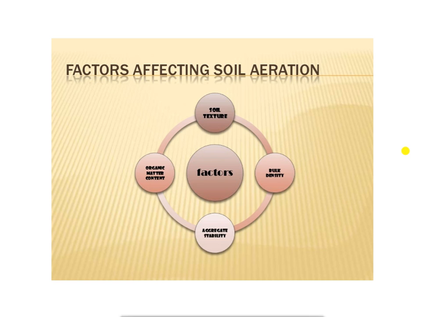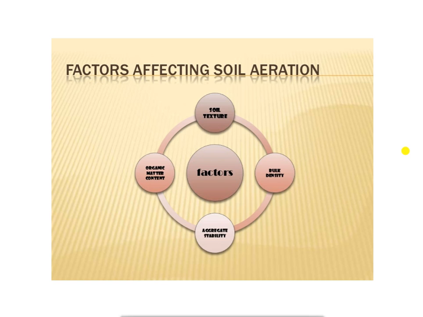Then the next most important topic is factors affecting soil aeration. First, you have to analyze different factors which affect soil aeration. The first and most important factor is soil texture. Then second, bulk density, third, aggregate stability, and fourth, organic matter content.